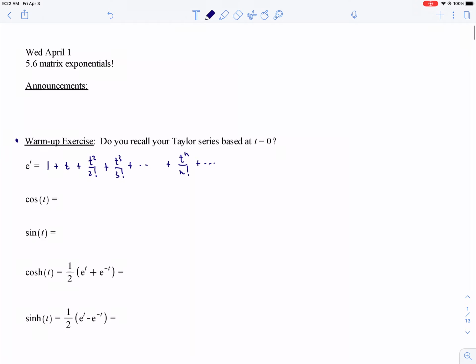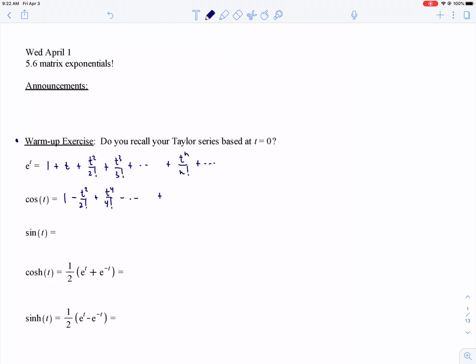And related to Euler's formula, we already recalled that cosine t, being an even function, only has even powers. And they go in an alternating way, so it's 1 minus t squared over 2 factorial plus t to the 4th over 4 factorial.